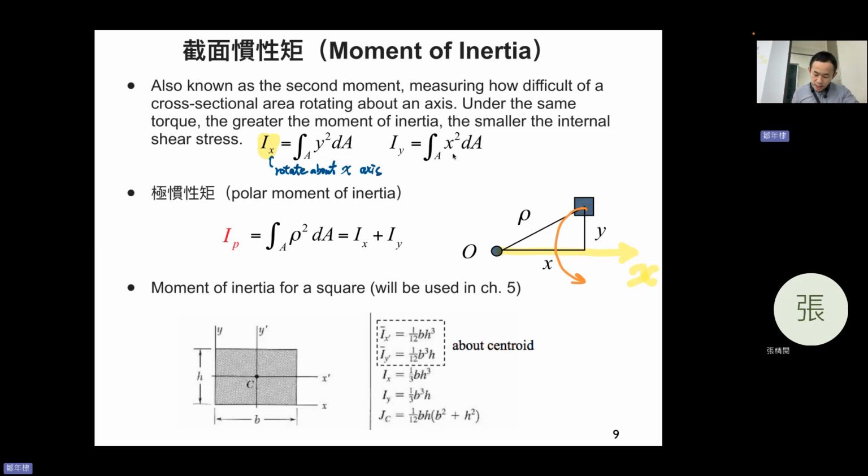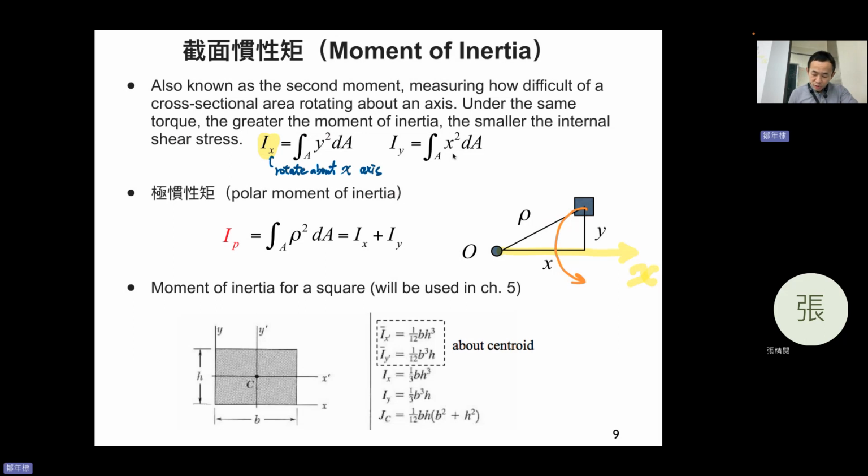If we want to rotate this area about x, what is the force on dA? It depends on y, the distance between dA and the axis. So this is why you have y squared dA.